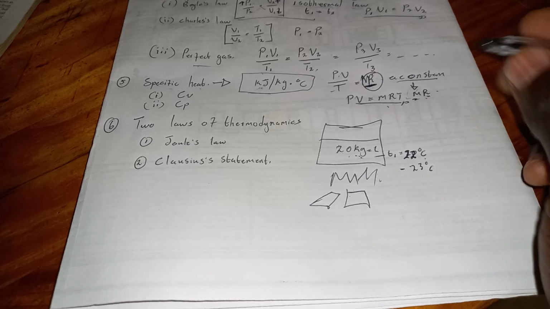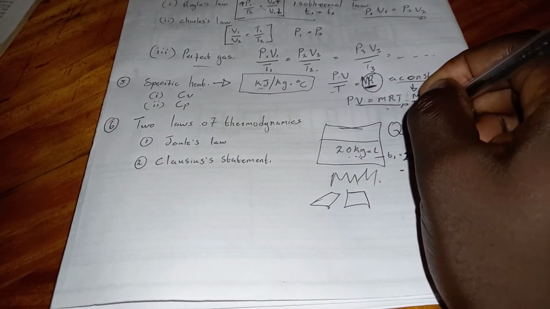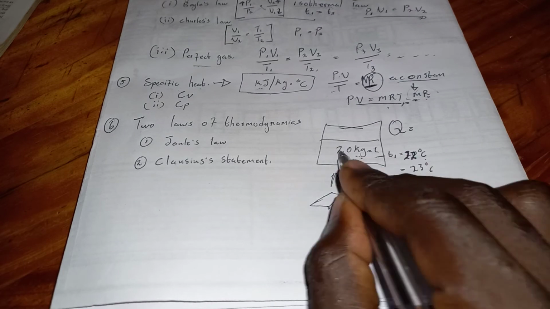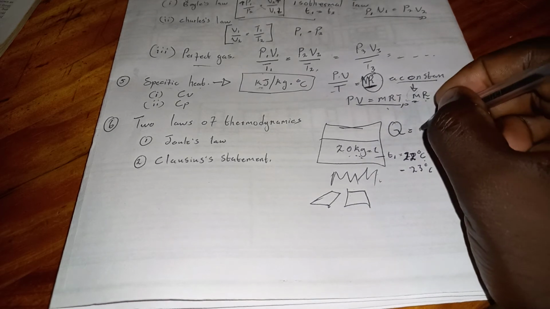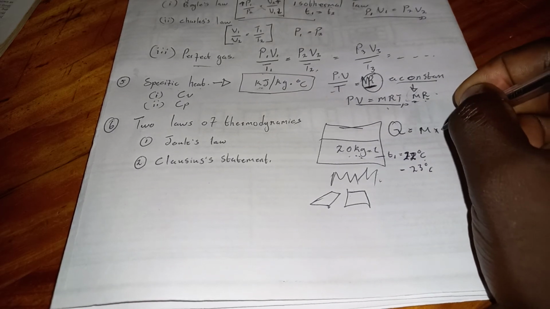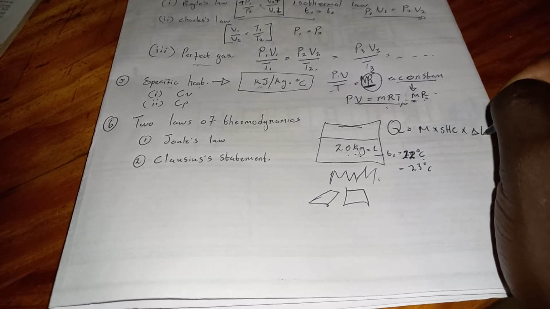So when you are heating a certain body, the heat energy equals mass multiplied by the specific heat capacity multiplied by the change in temperature.